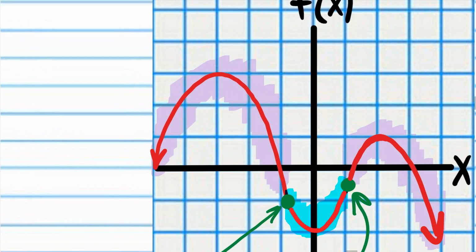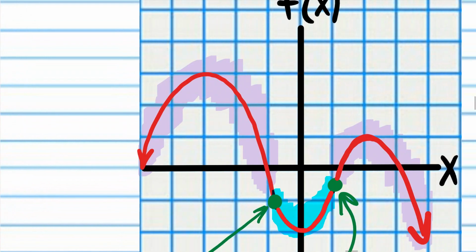Now, another way to think of concavity is whenever the lines that are tangent to a graph are above the graph. See how the blue line is above the red graph? On that part of the graph, the concavity is downward. If you move the point over here and make your line, again, the graph is below the tangent line, so that's a part of the graph that is concave downward.